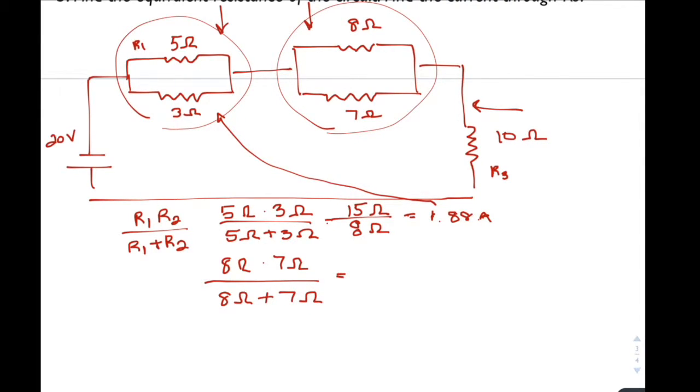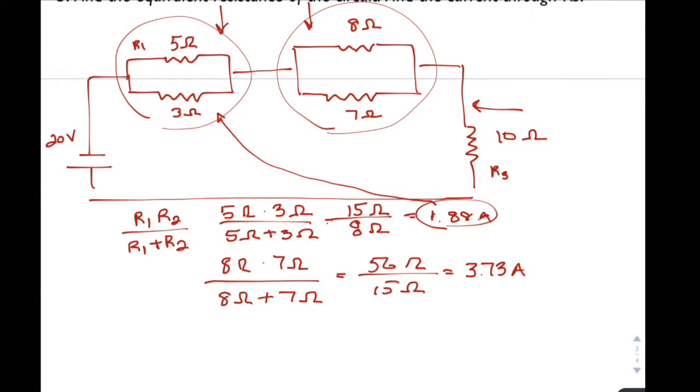So 8 times 7 is 56 ohms over 15 ohms, which is equal to 56 divided by 15, which is 3.73 ohms.